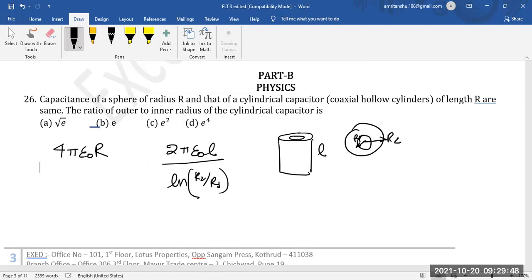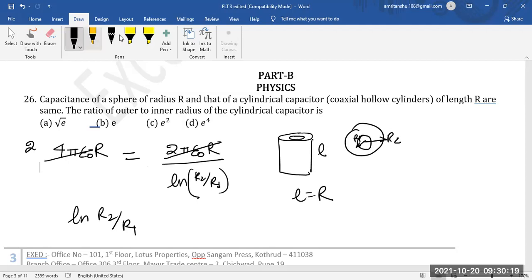Now it says they're both equal, so we'll just equate them. Another thing, the length is also given here as R. Since L is equal to capital R, we'll substitute L as R. So this cancels with this, 2 times ln of R2 by R1.